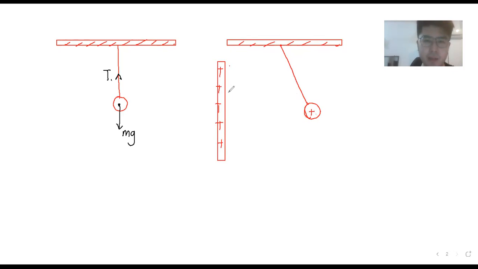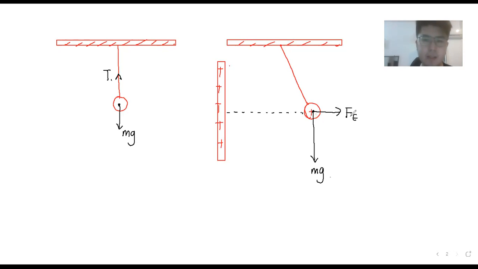We have the electric field repulsion, which we label on the pendulum FE, electric force. At the same time, there is a weight, the mass of the ball, mg.